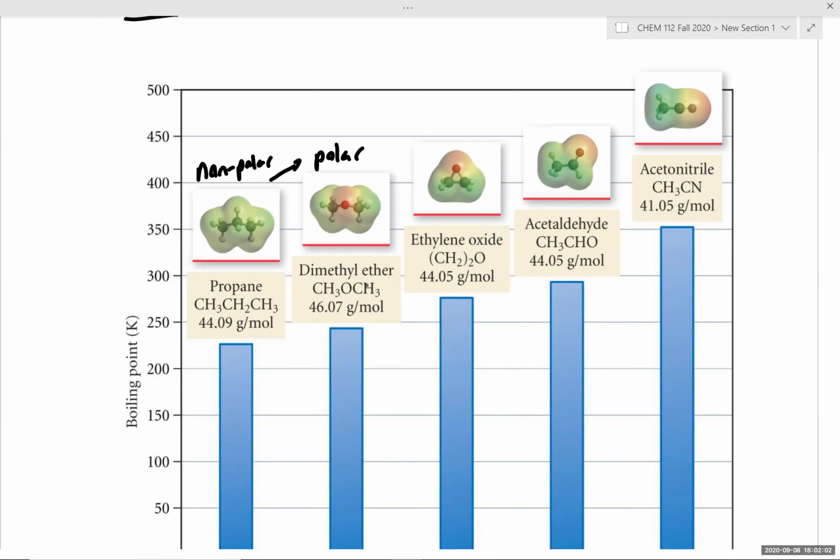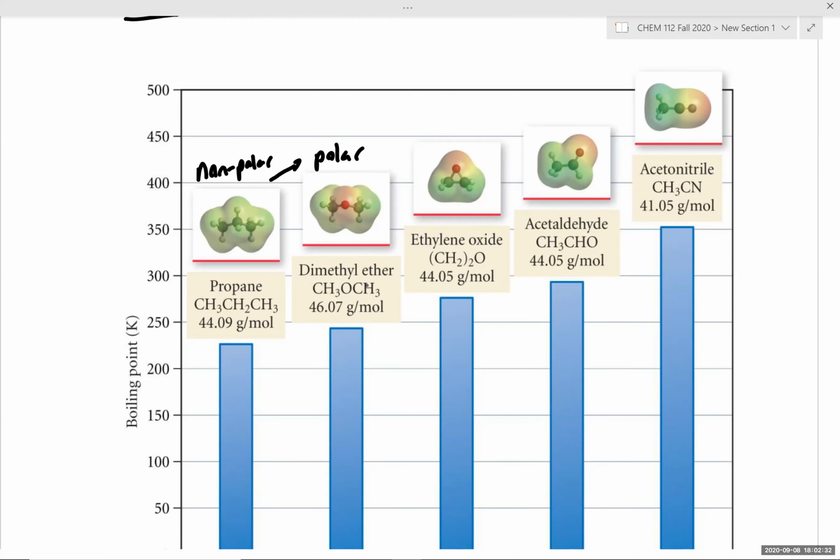Note, you can only really do this kind of apples to apples comparison if your molar masses are close to each other. If you start comparing a large molecule that's non-polar to a small molecule that's polar, then the London forces begin to have a greater effect. So within about 10 molar mass units, that's close in terms of molar mass.